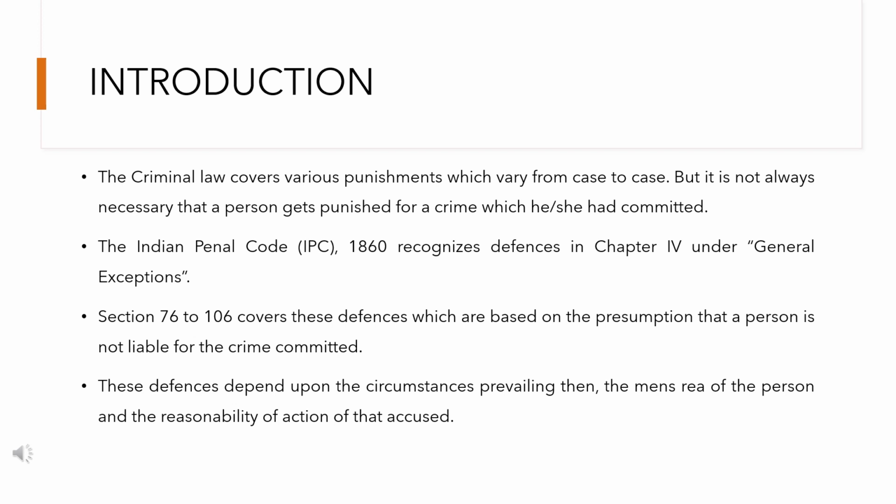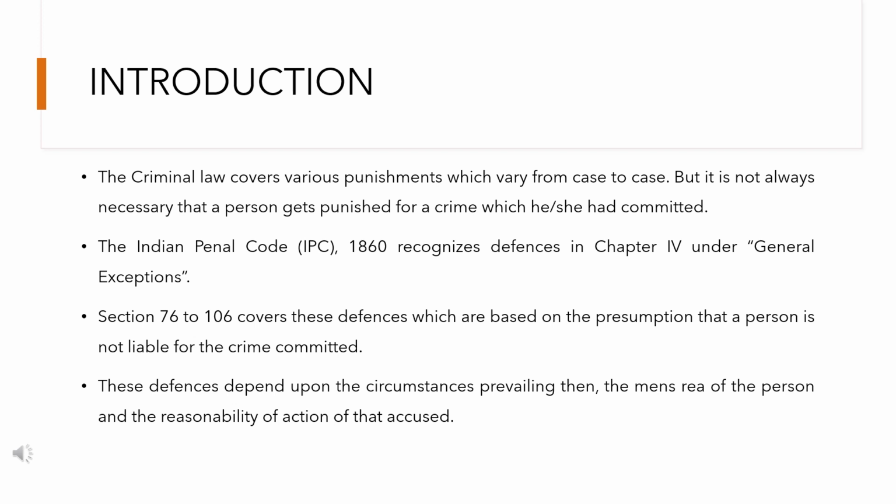Criminal law covers various punishments which vary from case to case, but it is not always necessary that a person gets punished for a crime which he or she had committed. The Indian Penal Code 1860 recognizes defences in Chapter 4 under general exceptions.